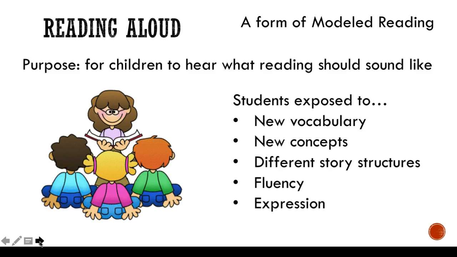Texts are usually at a level that would be too difficult for the students to read alone, but at a level where they have good listening comprehension. Students are exposed to new vocabulary and concepts, different story structures, fluency and expression. You can find more information on reading aloud to children of all ages in the e-text on pages 273 and 274.